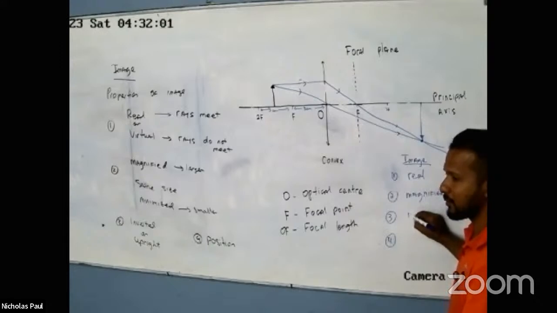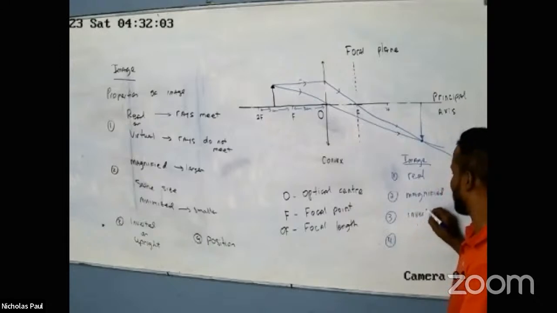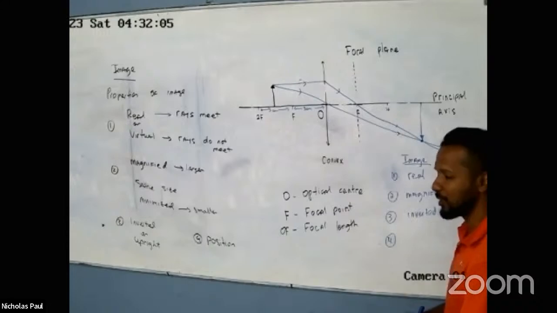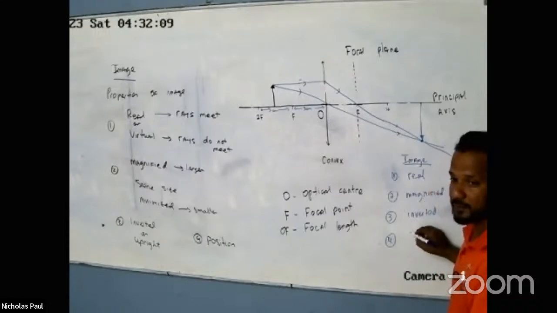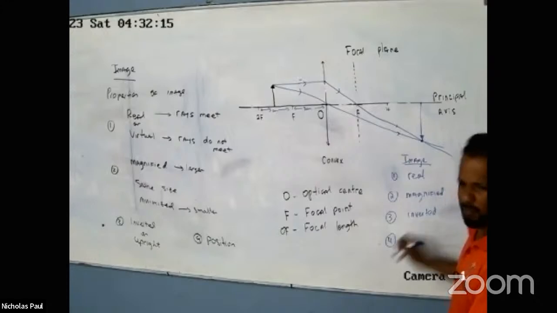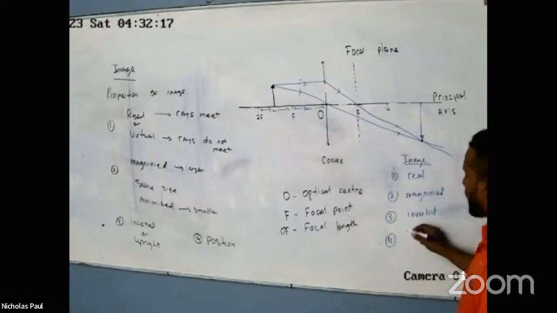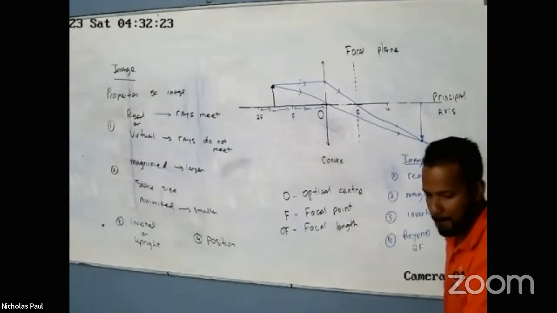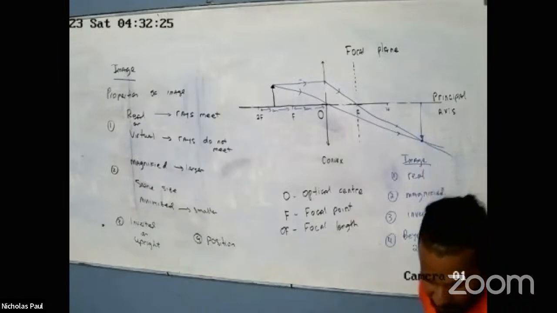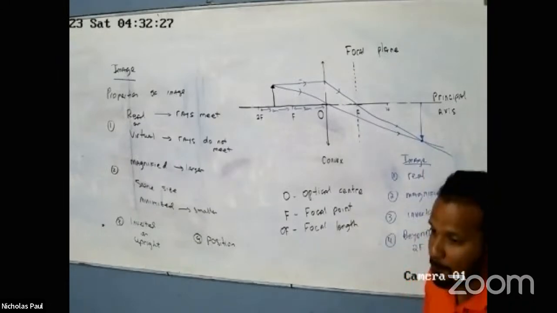Correct. And last one, Ishana. Where is it? Well, beyond 2F, right? You don't have to say anything else. It's just somewhere beyond 2F. Very good.